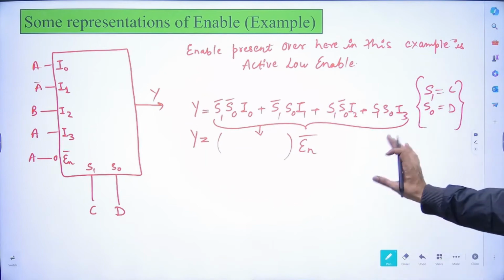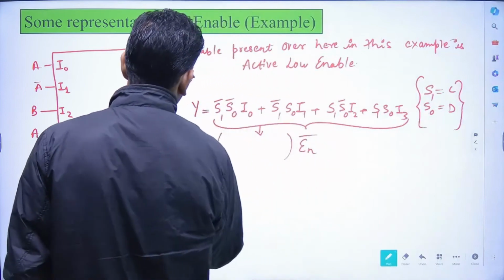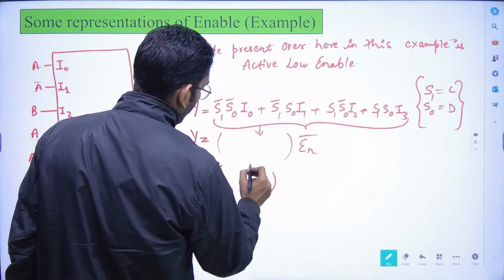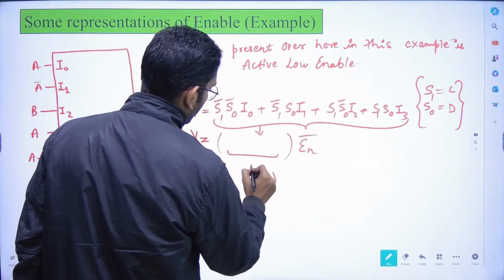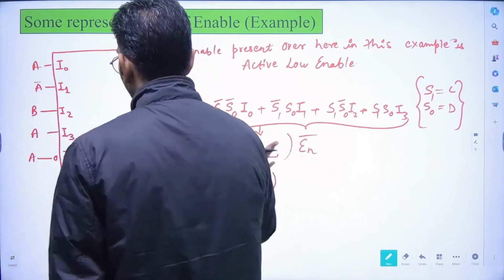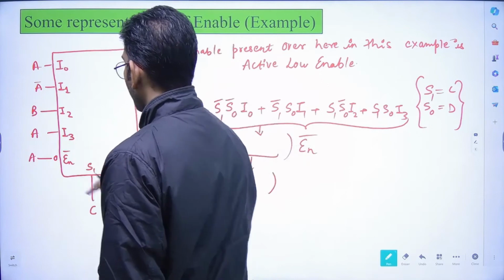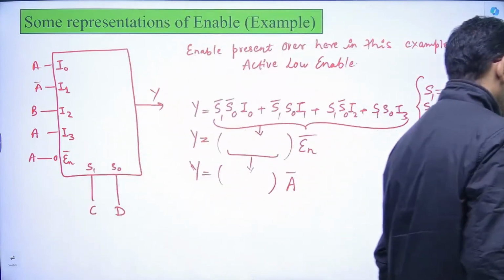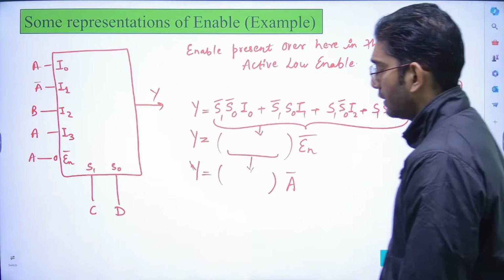So here, what would be the output? The output would be Y equals this particular equation, and the complement of the enable, which would be A bar. Now we can put the values and get our final answer.